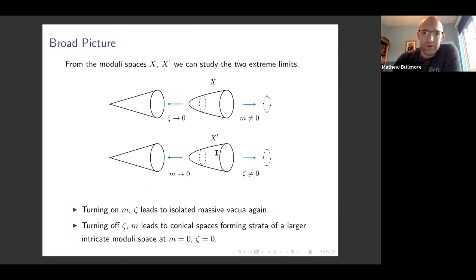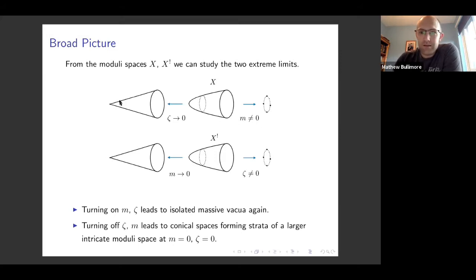And so, if I start out with my Higgs branch X, say, and then I turn back on the mass, I should arrive back at a situation where I have a discrete number of vacua. And similarly, if I start with this Coulomb branch and then I turn back on the Fi parameter zeta, then again, I should recover this discrete set of vacua.